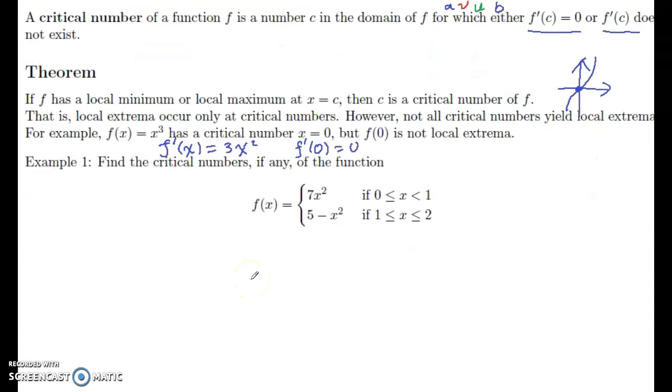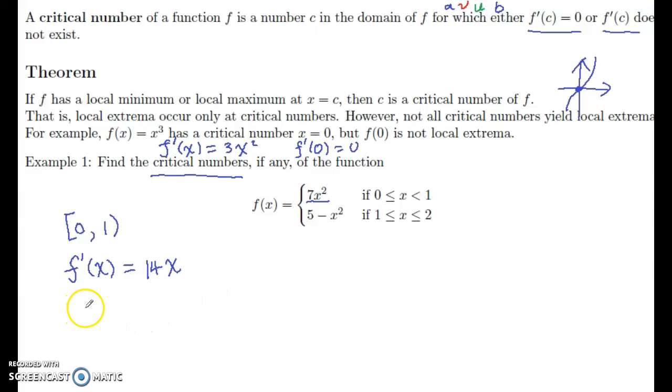So now we take a look at example 1: find the critical numbers, if any, of the function. How do we find critical numbers? We look for f prime of x. Because it's a piecewise function, we have to take the derivative in two different regions. One is the interval that includes 0 but excludes 1. For the first piece, f prime of x equals 14x, since we take the derivative of 7x squared.